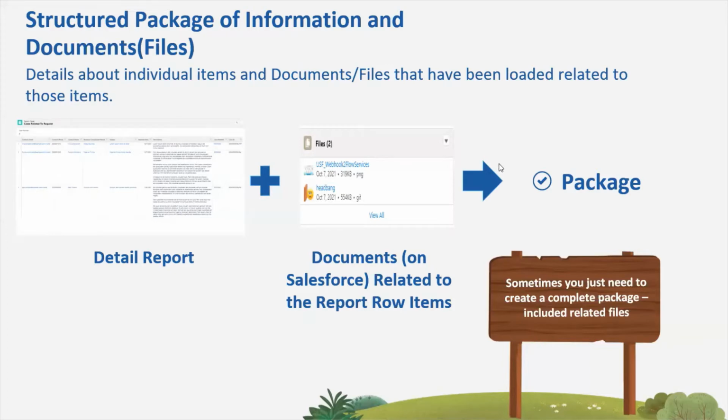This package not only says, here's the information that we want to say about the individual, in this case, cases that we add attachments to, but we can also go in, and by clicking on that, we can look at and see the files which were downloaded for that. So let's start from there.